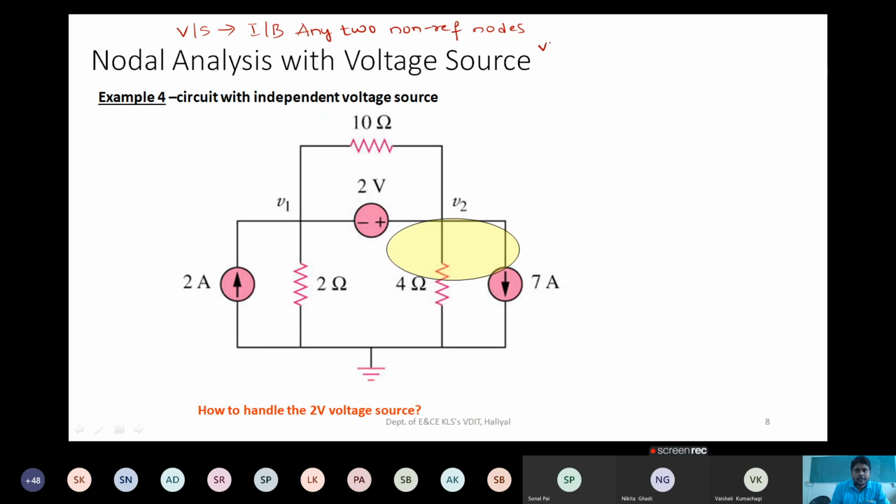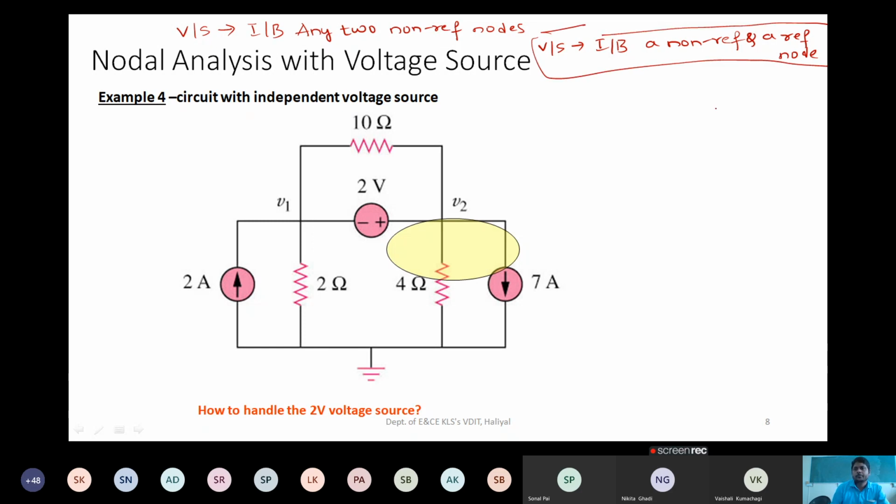The second case is you may get the voltage source in between a non-reference node and a reference node. Okay, so this will be a normal case.